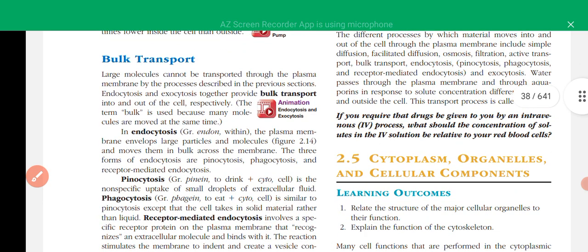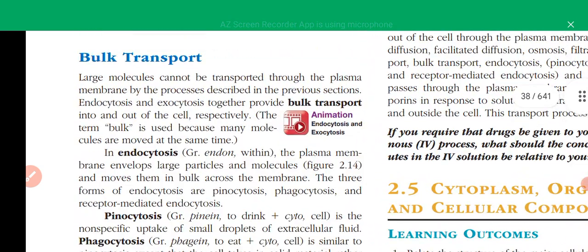Then we will study bulk movement. In all the movements that we have studied so far, small molecules move inside and outside of the cell membrane or cell. Let's talk about bulk movement, in which large molecules and a very large number of molecules move in or out of the cells.